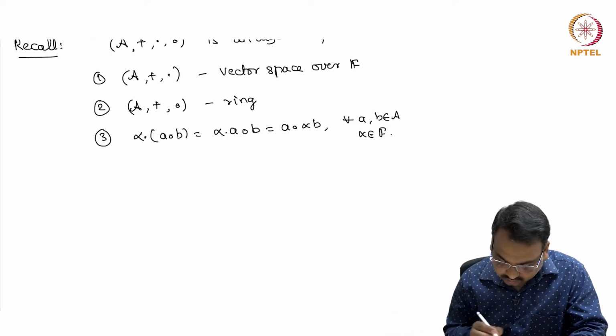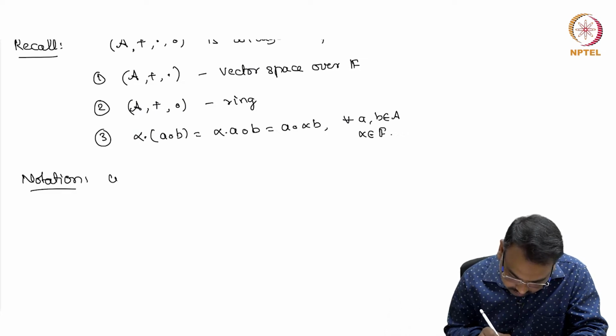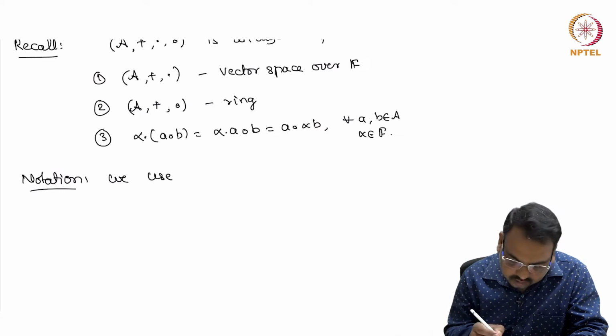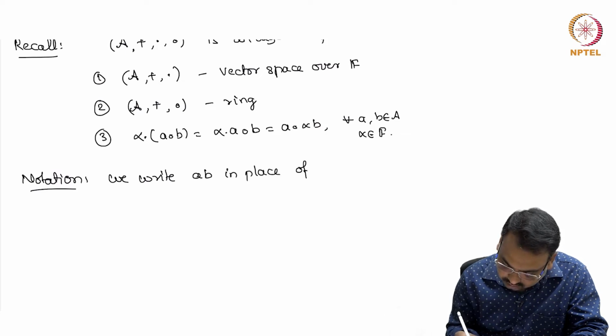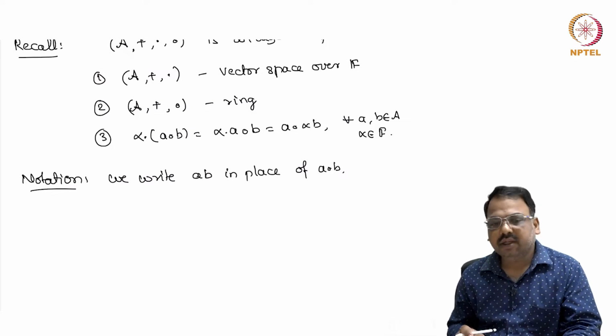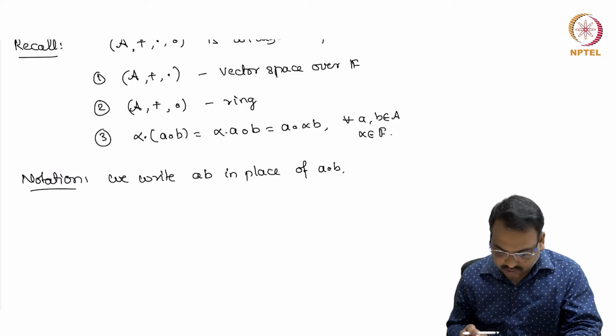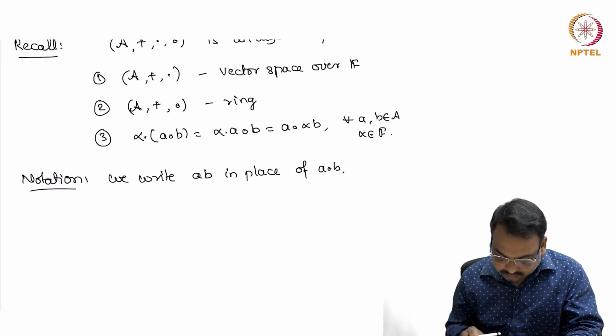For notational convenience, we write AB in place of A ∘ B. If you have an algebra, and there exists a norm satisfying norm of AB less than or equal to norm A times norm B, such a norm we call an algebra norm.